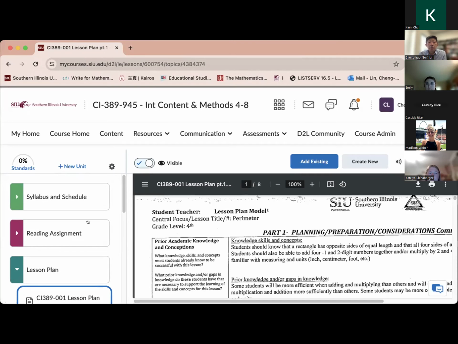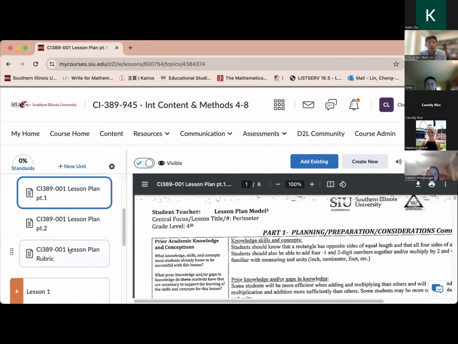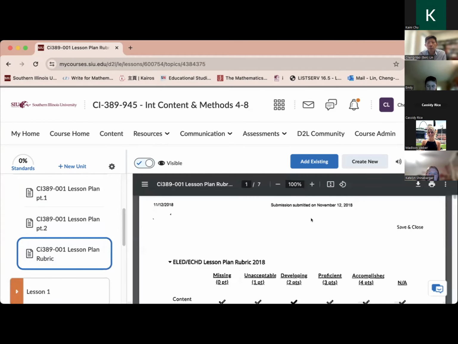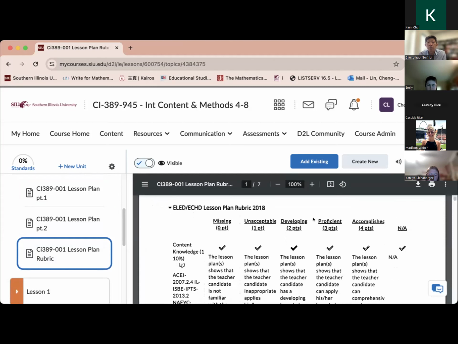And then here is a rubric. Now the rubric is like this, all right? So this is pretty much like Live Text. You download all the lesson plan. You need to upload one to D2L, and you want to upload another one for the purpose of the TEP program, which is on Live Text, okay?